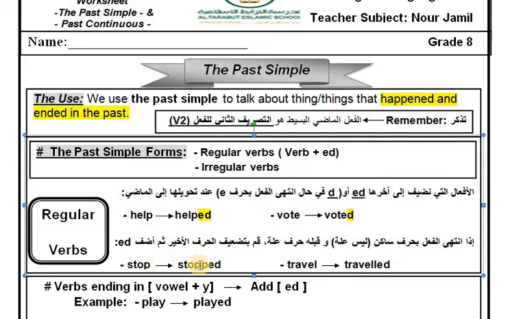Stop بعمل double P, then I need to add ed. Stopped. The same thing here. Travel. Double L, then we add ed.